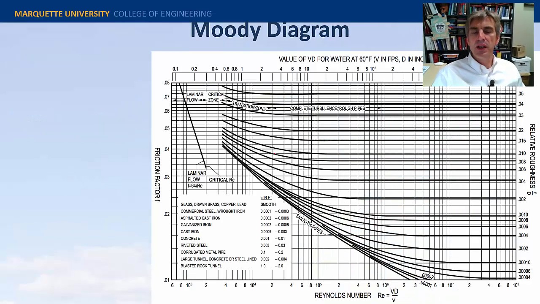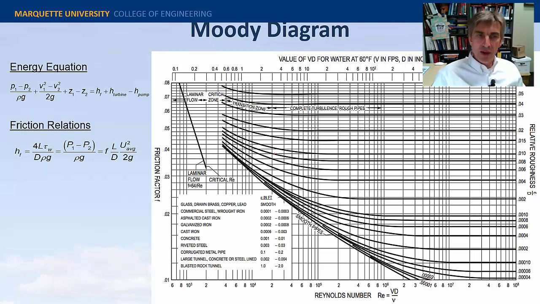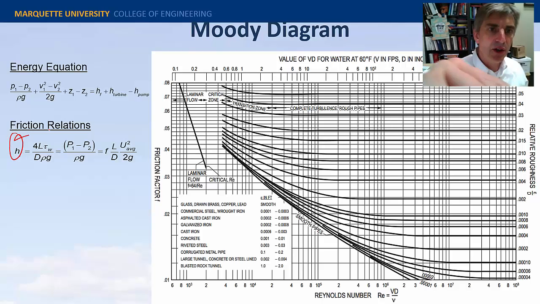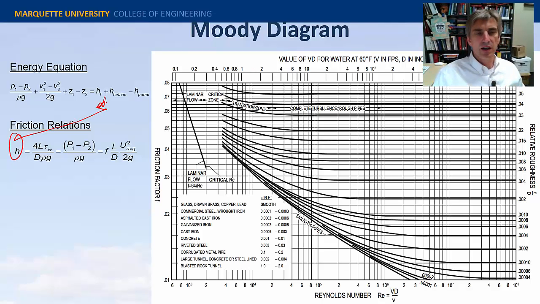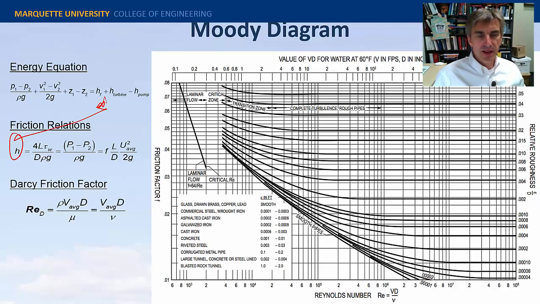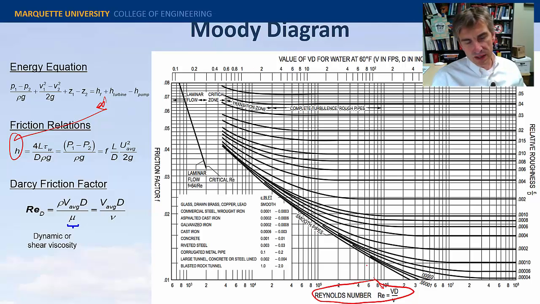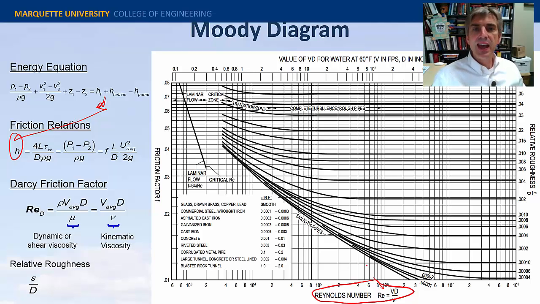Well, you recall we're going to get it from the Moody diagram. So we have the energy equation, we have our friction relations, and this representing the major losses goes right into our energy equation here. To get the Darcy friction factor, recall it's a function of Reynolds number on the x-axis, which can be expressed in terms of the dynamic or the kinematic viscosity, and the roughness.